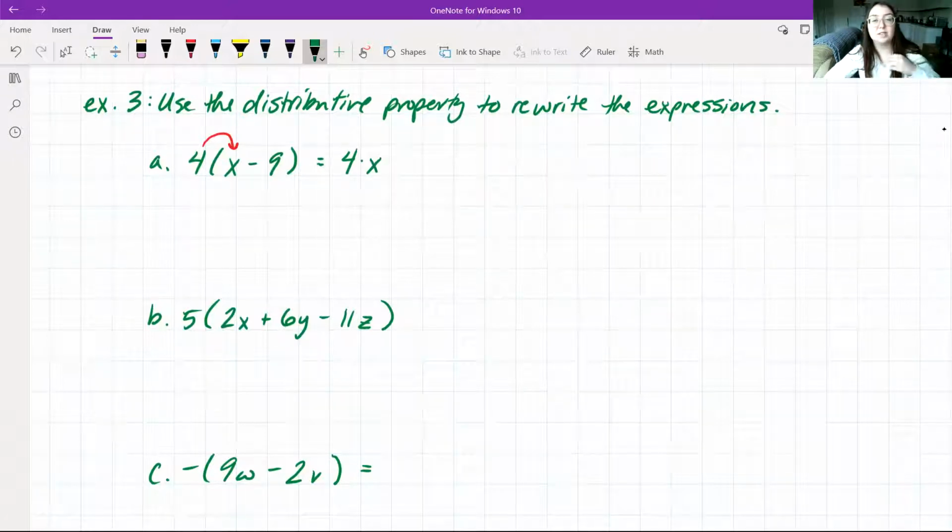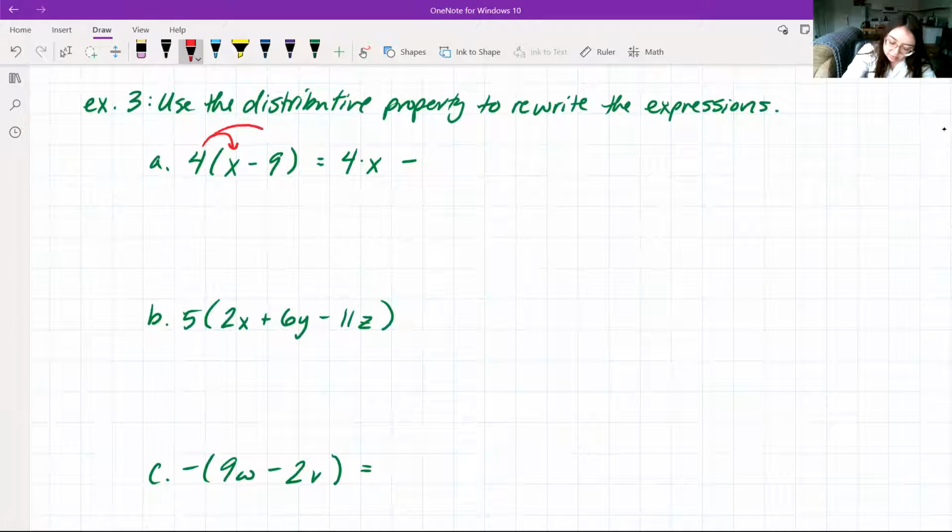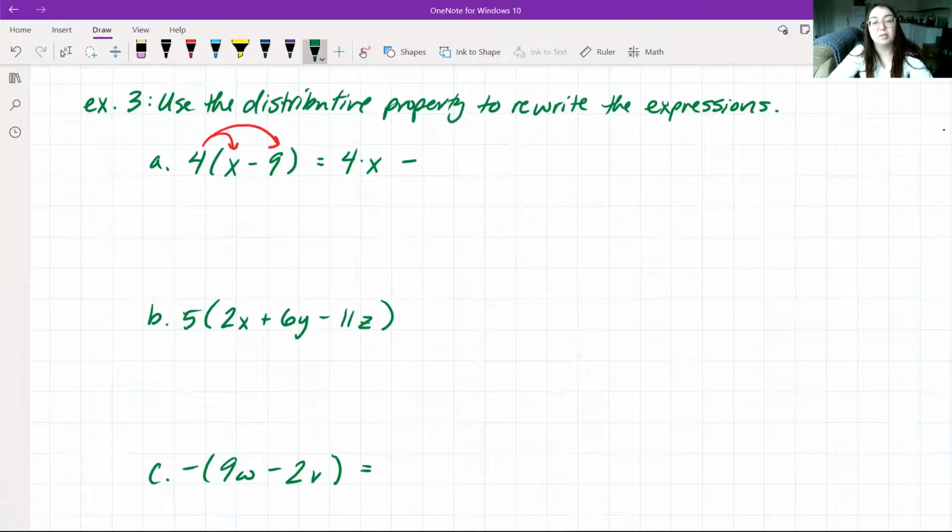Now we keep that same symbol in the center, so we have x minus 9, and we're still going to have minus. But now we're distributing our 4 times 9. So we take another arrow, and we're saying 4 times 9. So this is going to become 4 times x minus 4 times 9.